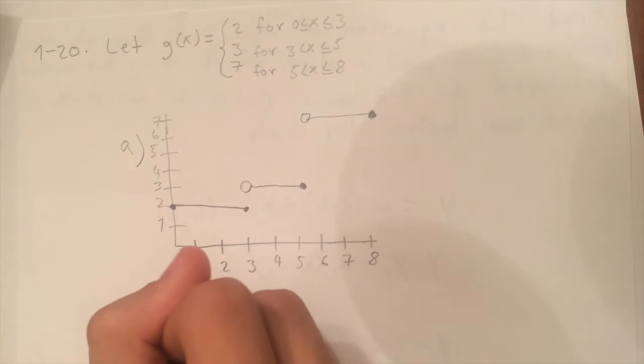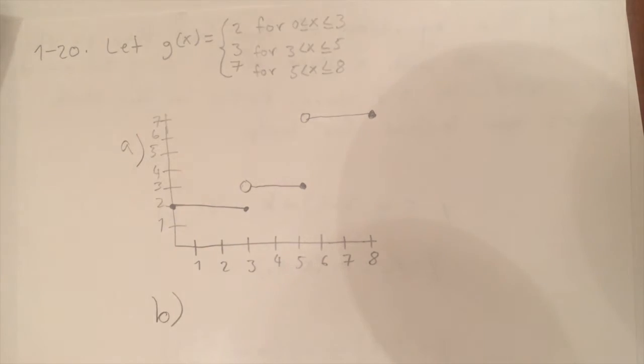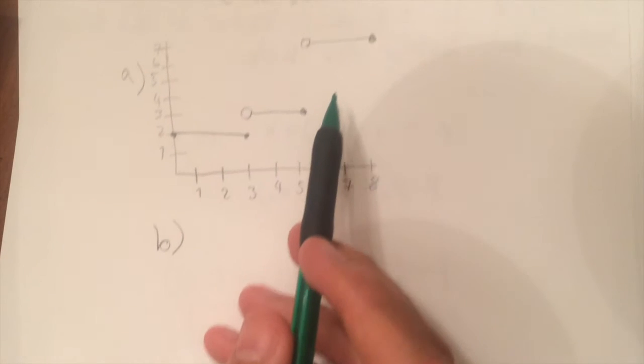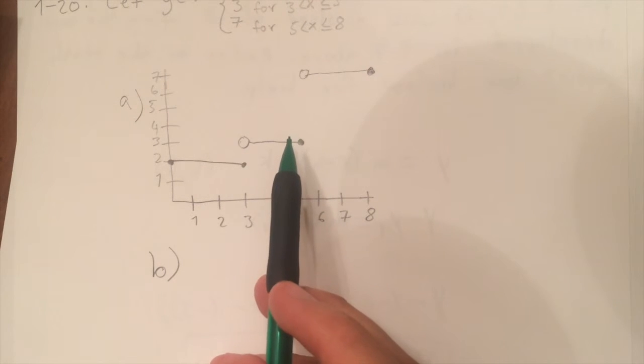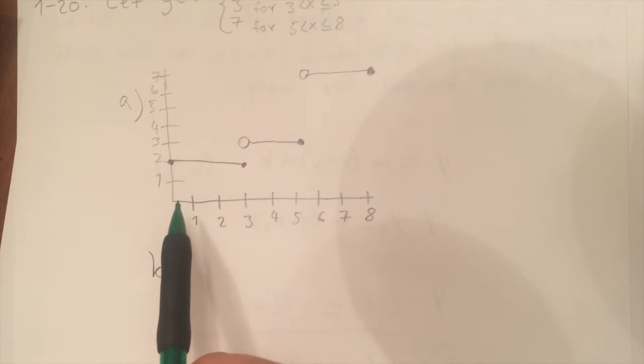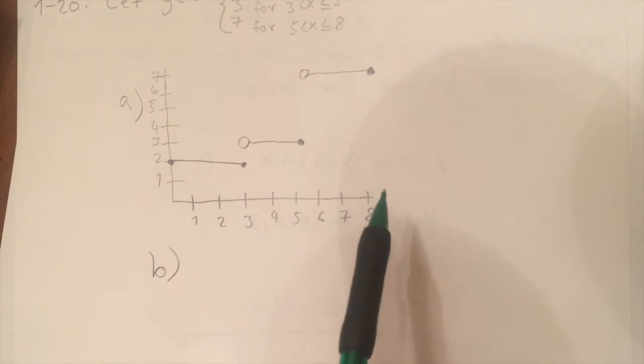So moving on to part B, which asks us to shade the area between g of x, our function, and the x-axis, and to find the area from 0 to 8 of our function.